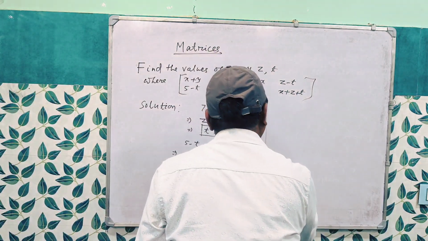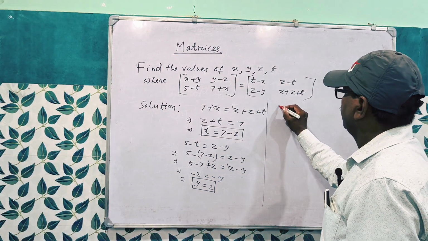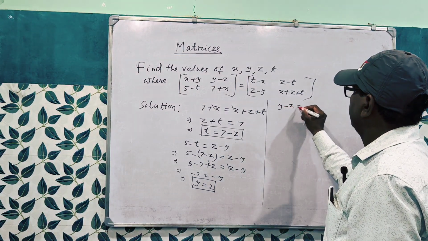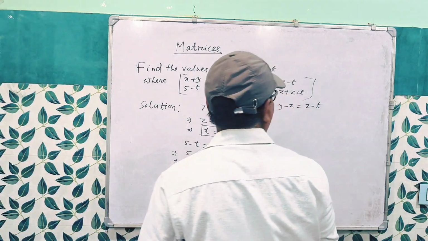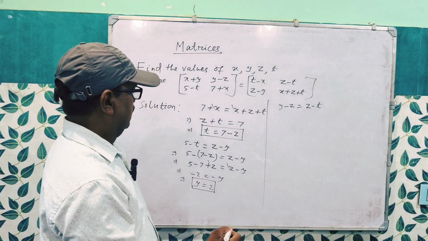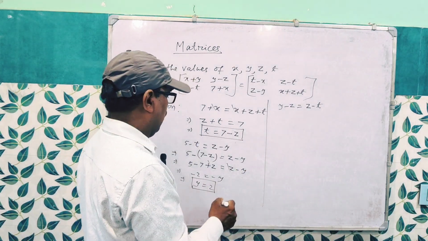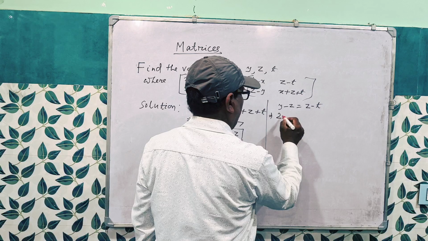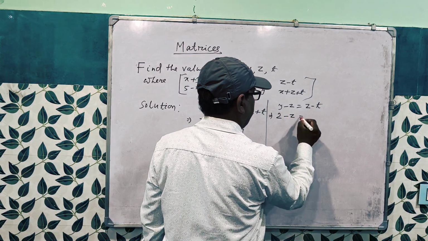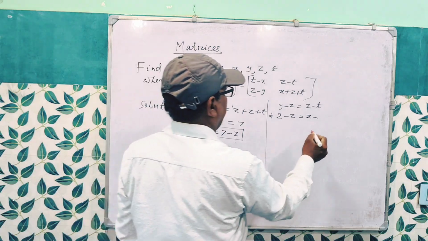Then we have now y minus z is equal to z minus t. Clear? Putting the value of y, 2 minus z is equal to z minus, then putting the value of t, 7 minus z.